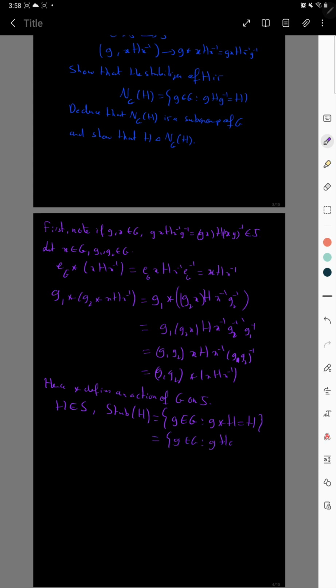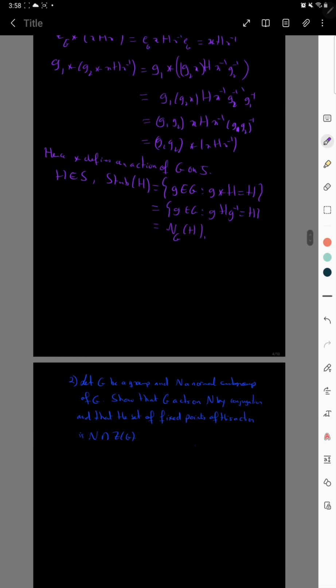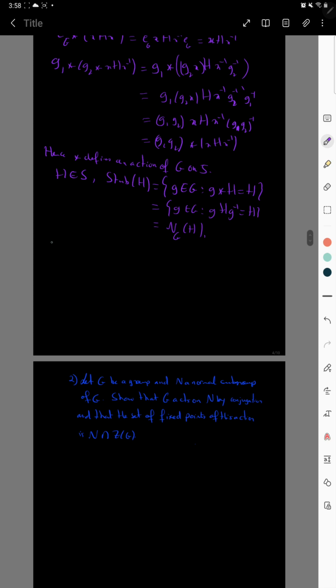This is the set of g in G such that gHg inverse is equal to H, and this happens to be the normalizer of H in G. Now, I've expressed the normalizer as a stabilizer of an element under an action. And we know that the stabilizer of any point in the G-set is a subgroup of G. So Stab(H) is a subgroup of G, and hence N_G(H) is a subgroup of G.